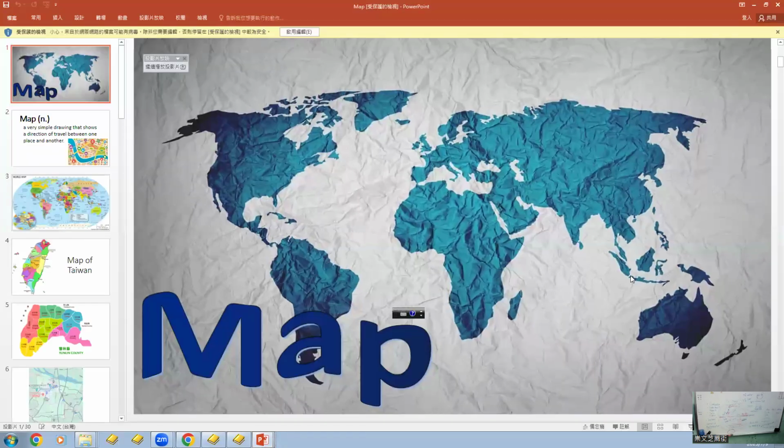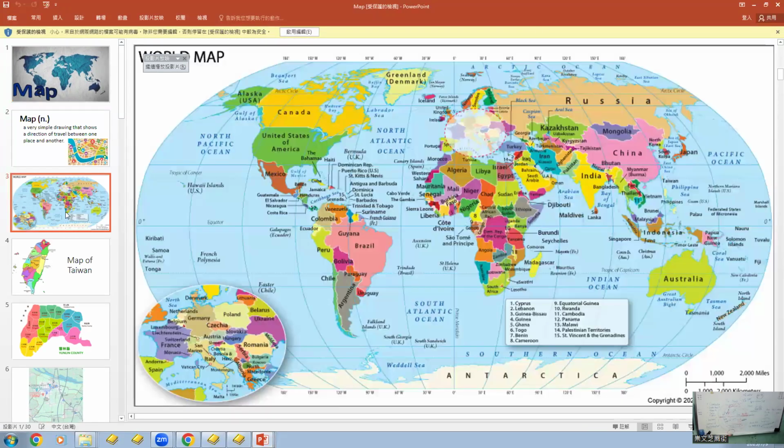This is the map of the world. Now, if we look here, you can see this is Pacific Ocean. From here to here, this is also Pacific Ocean because the globe is circular, so it's continuous. That's why.